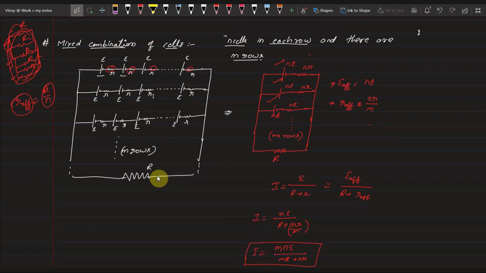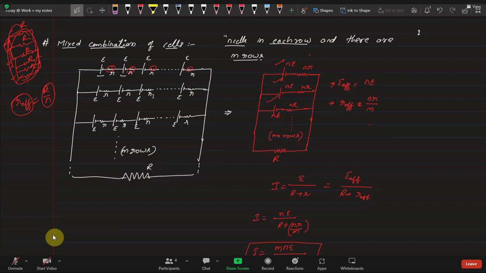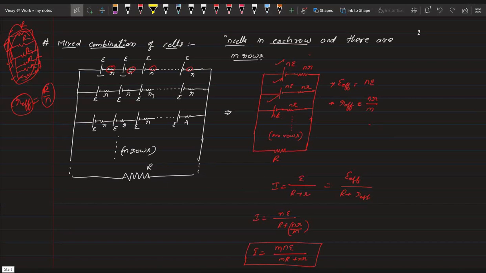Now what will be the condition to get the maximum current? In the previous concept also we discussed to get the maximum current, we wrote some condition. Here also, what will be the condition? Verify the current with the internal resistance, then you will get an idea.